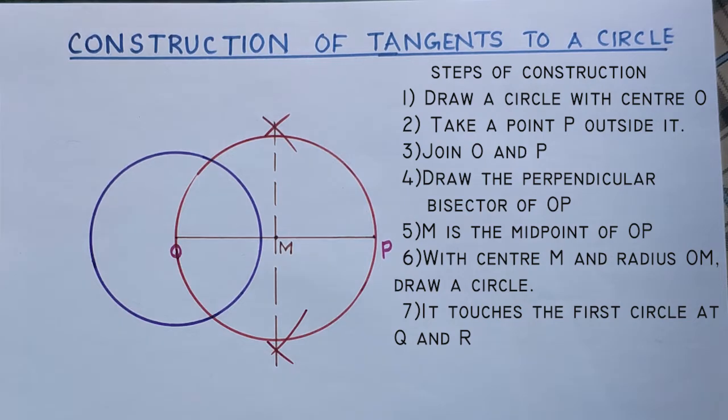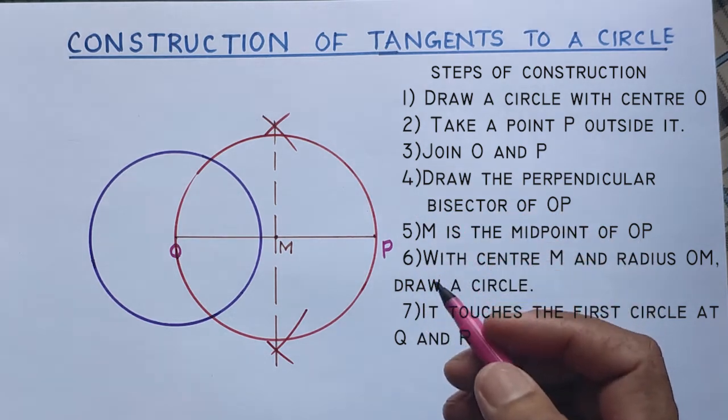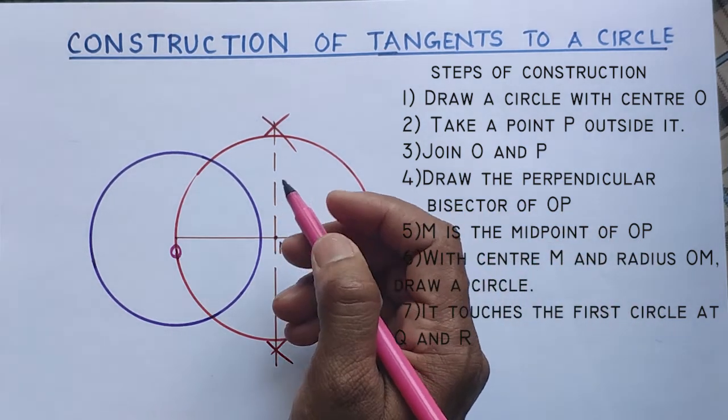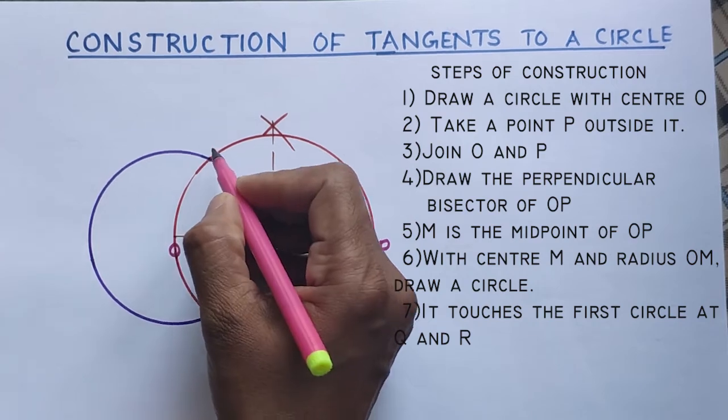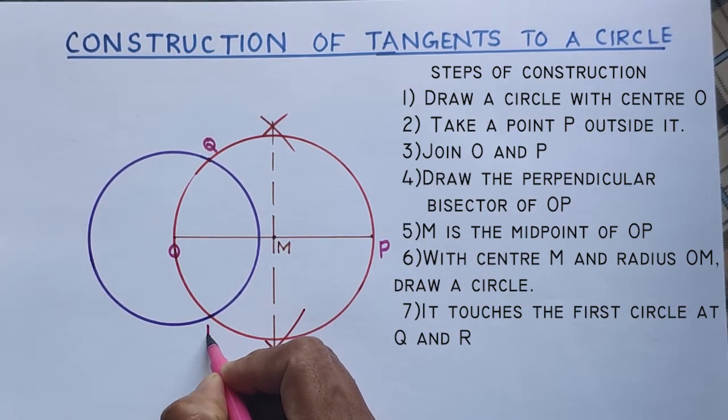It intersects the first circle at two different points, Q and R. This point is Q and this point is R.